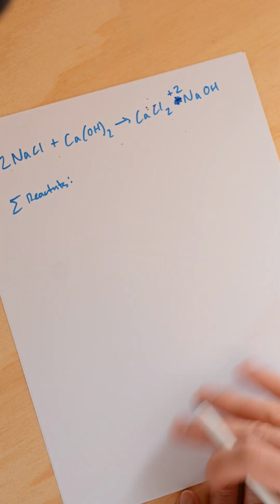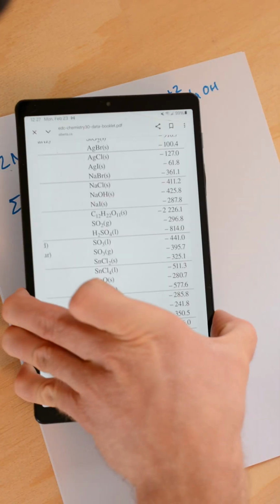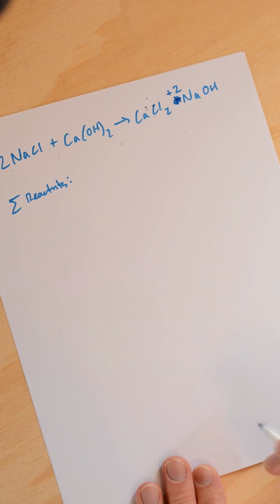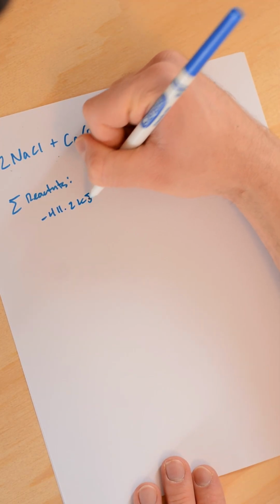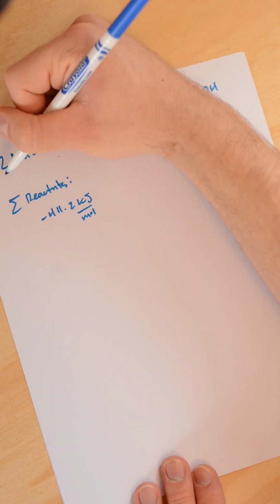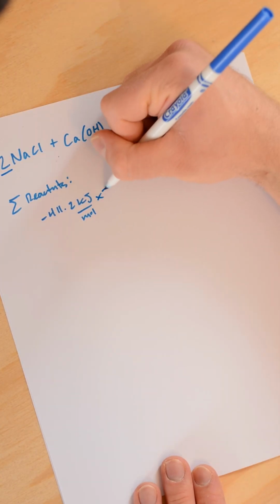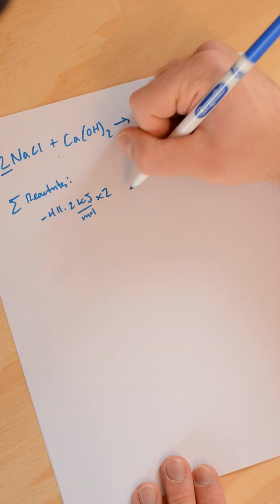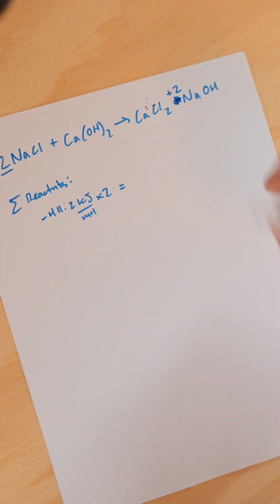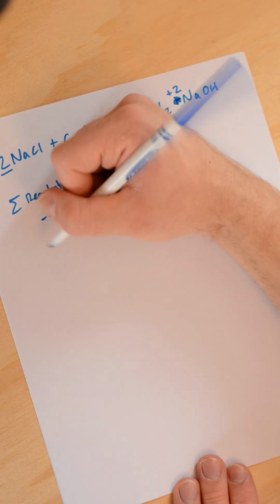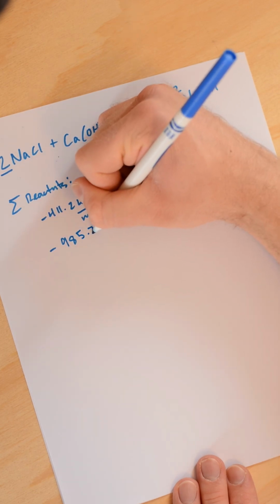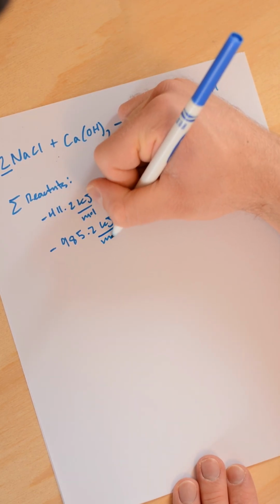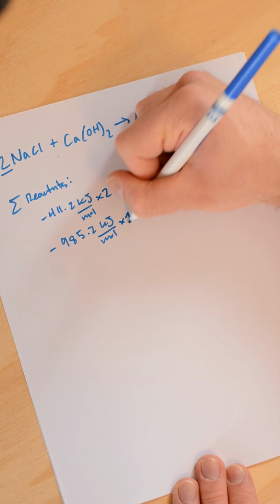So going back to our enthalpies of formation that we've already recorded, the sodium chloride is a reactant, negative 411.2 kilojoules per mole of that, and we have 2 moles present, so multiply it by 2. We're also going to have our calcium hydroxide, has our negative 985.2 kilojoules per mole. We have 1 mole of those.